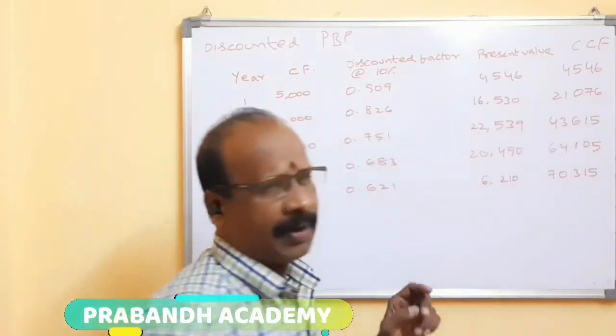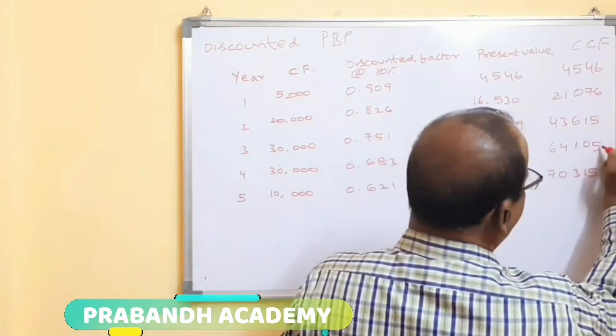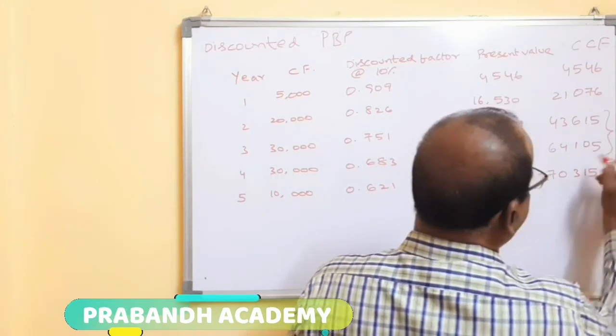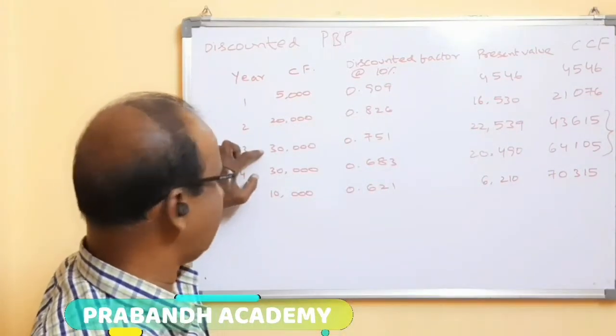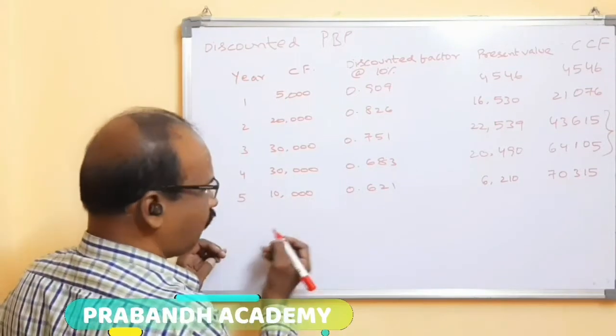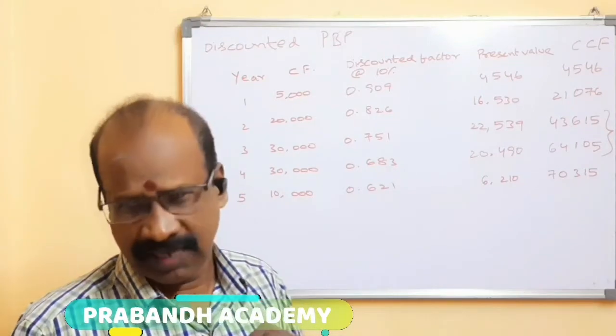Now you calculate payback period. So in this problem, we have investment of 50,000. The 50,000 we get in the fourth year, but we want the exact payback period. The payback period is between third and fourth year. Formula same: year before fully recovered plus uncovered amount by current year cash flow.